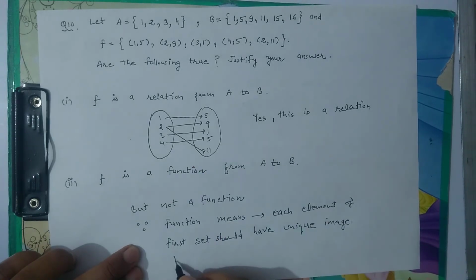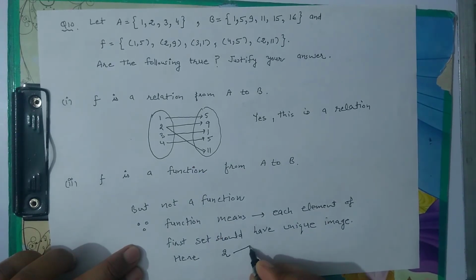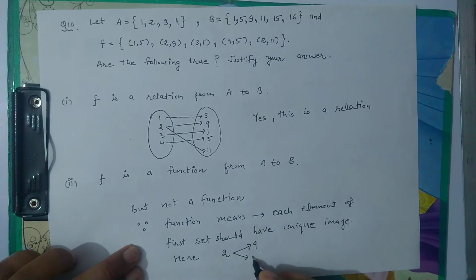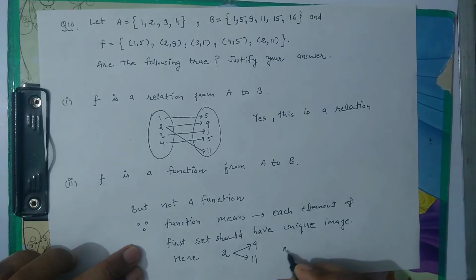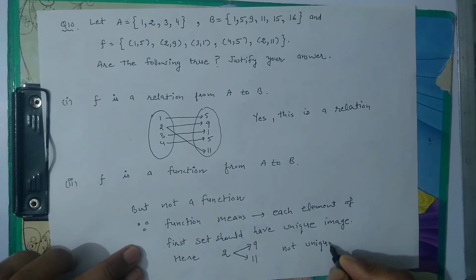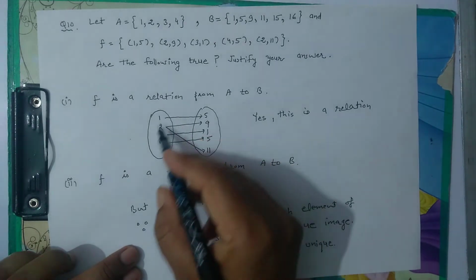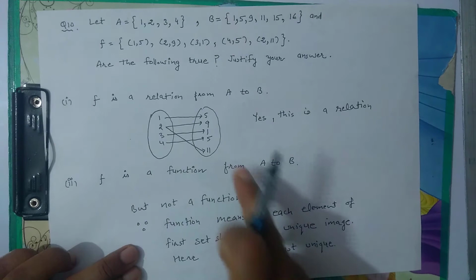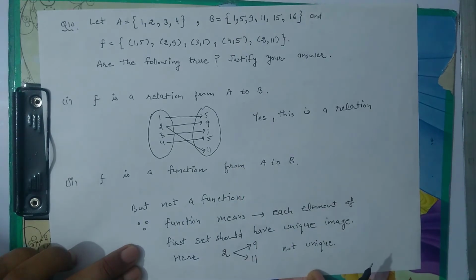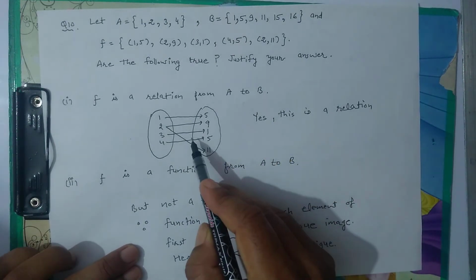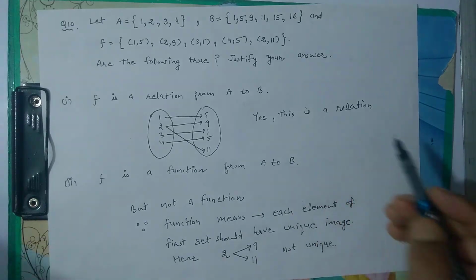Here 2 has two images. The first image is 9, the second image is 11. Not unique. So this is not a function, whereas we can say this is a relation.